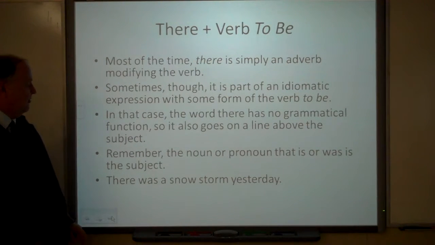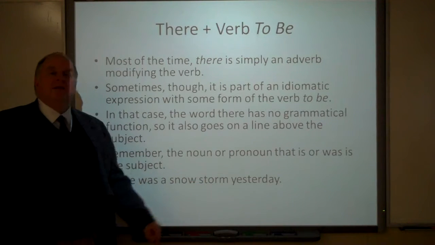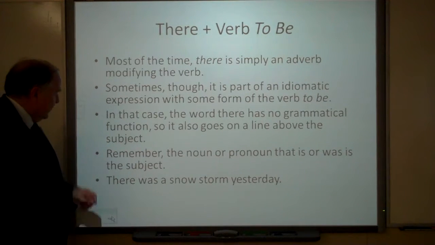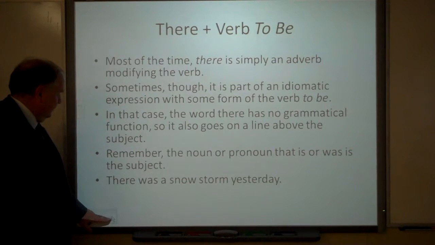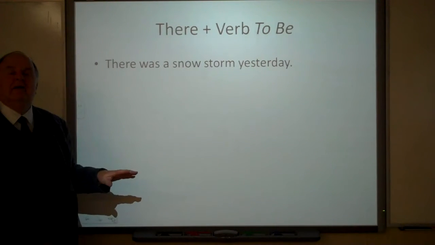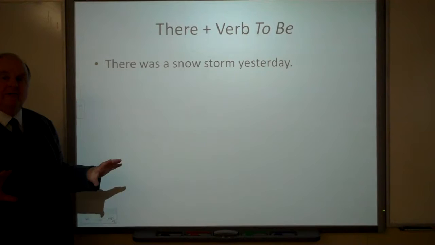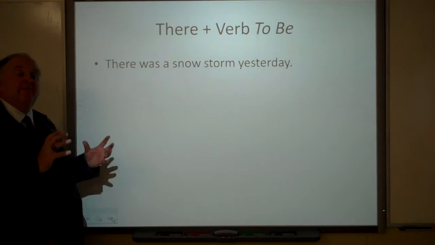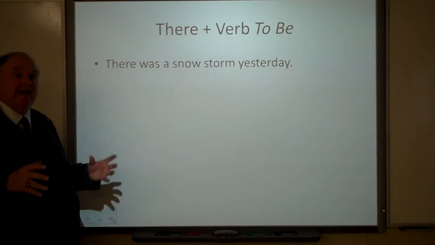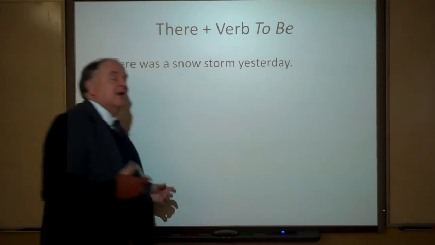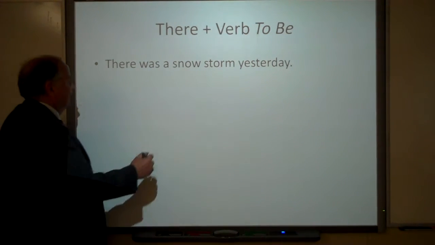Was is the verb, and storm is the subject. A storm was yesterday. So, that's how we would diagram it. And we would put the there on a line above the subject because it doesn't have any grammatical relationship to any other part of the sentence. So the same kind of pattern exists.